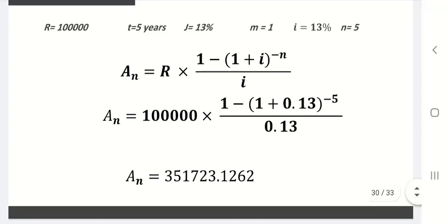By substituting in the formula A sub n equals R times 1 minus 1 plus I to the power negative n over I, with R equal 100,000, T 5 years, and the nominal rate 13% annually, so M equal 1 and N equal 5, and the rate per period I will be 13%.